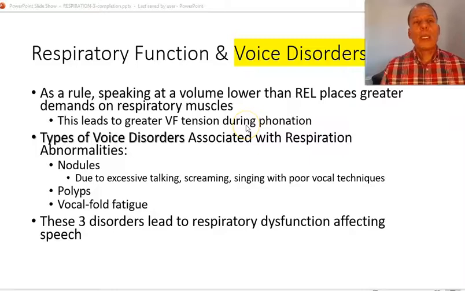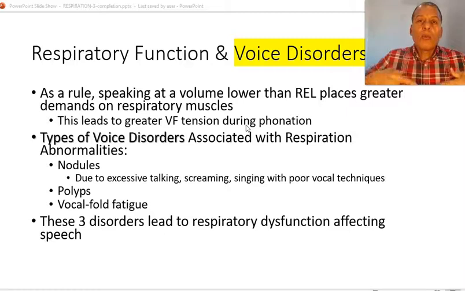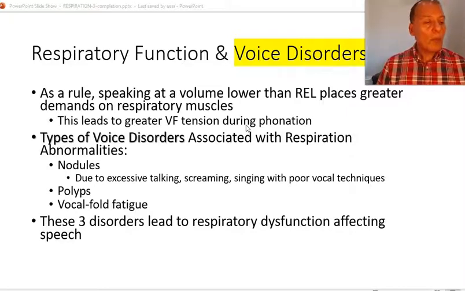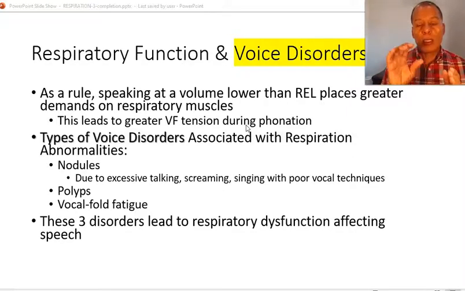So as a rule, when we speak at a volume that is lower than the respiratory end level, it will force us to use the accessory muscles of exhalation more. And recall that during rest, the diaphragm is the primary muscle that is used for tidal inhalation and exhalation.